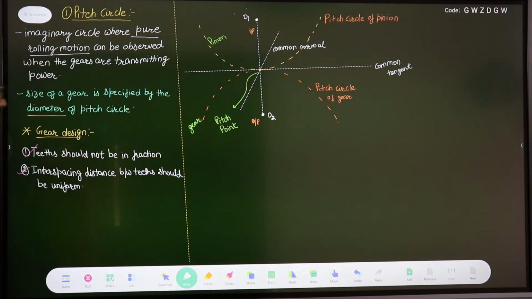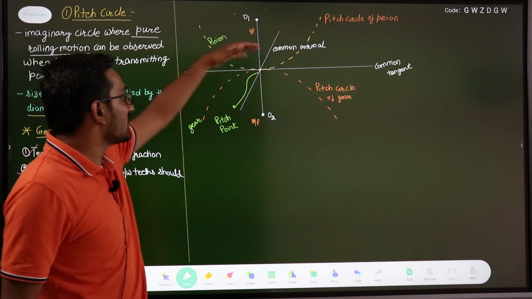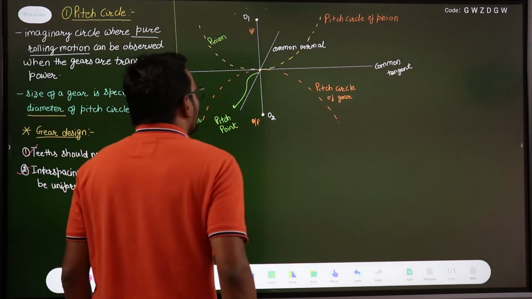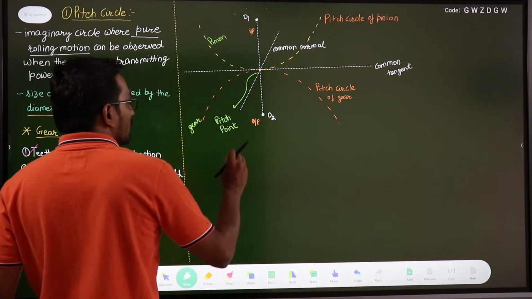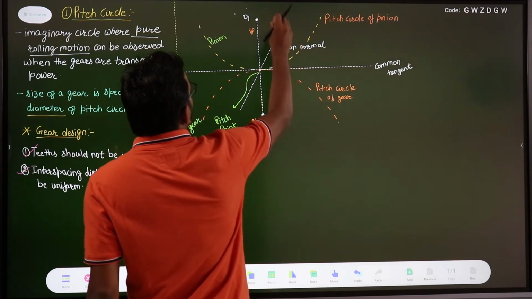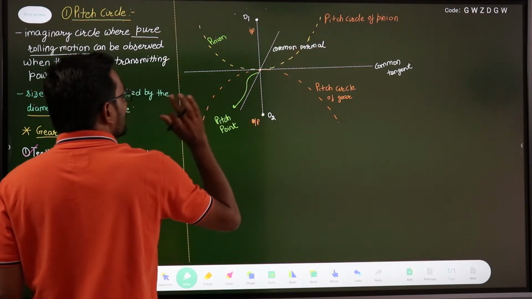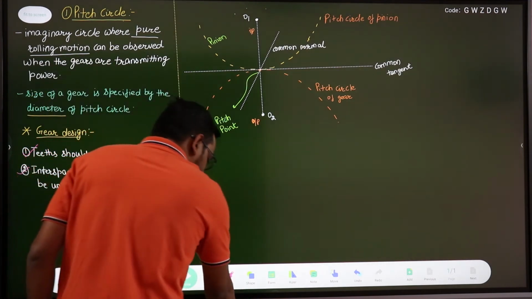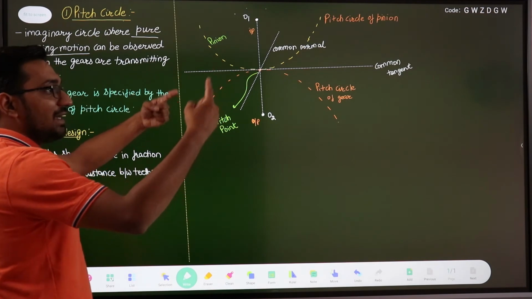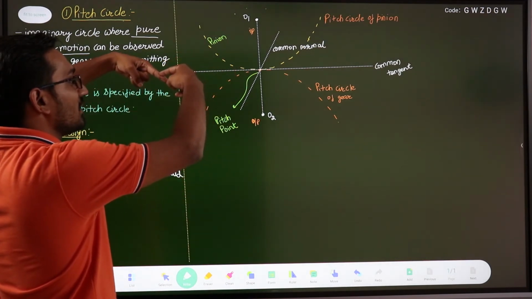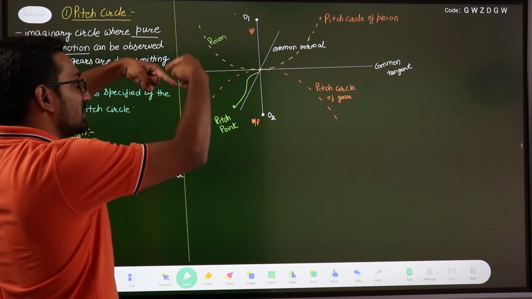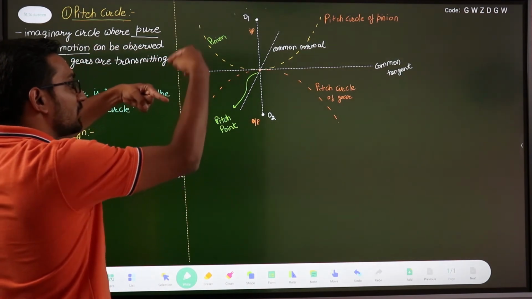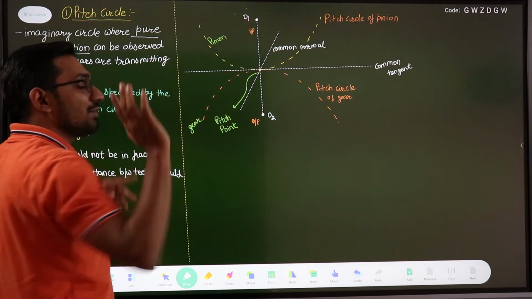So when they are in contact with each other, this pinion will exert a force on this gear, and the force exerted by this pinion on this gear will be along the common normal. If they come in contact with each other at this point, this pinion will exert a force on this gear so that this gear will rotate. So this force will be in the direction of the common normal.